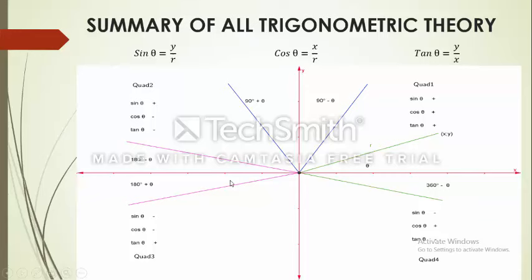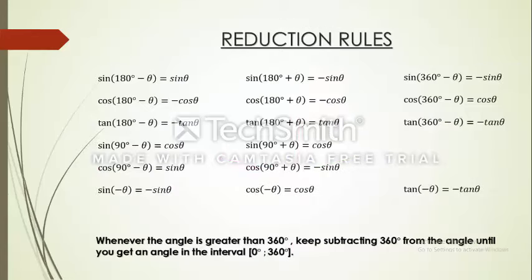As you all know, this line is the 180-degree line. Angles in quadrant 3, we get them by adding angle theta to 180 degrees. And in quadrant 4, we get these angles by subtracting theta from 360 degrees. These will help us to understand what we call the reduction formula, which is our next slide.